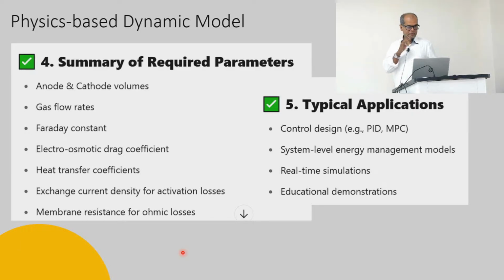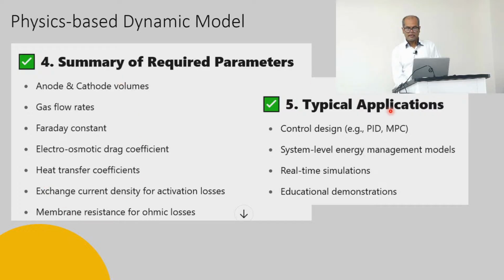Now, to model that, finally you need these parameters, some of which you might get when you buy the fuel cell, as some of the parameters might be given with the product. In many cases, if not, you might need to do some experiment, or make some assumption, and then you can have the overall model.